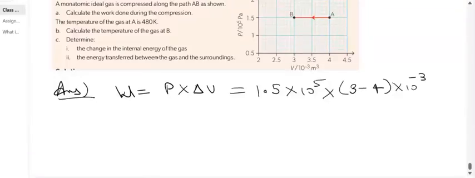I would do 4 minus 3 because it is AB? But the gas is compressed. Yes, the gas is compressed, so it will be 3 minus 4, no? Yes, ma'am. Is it making sense?